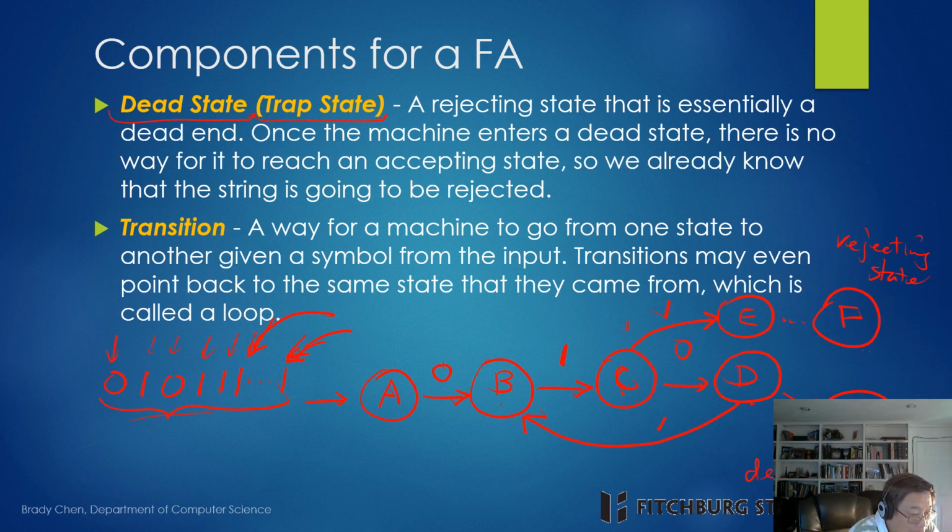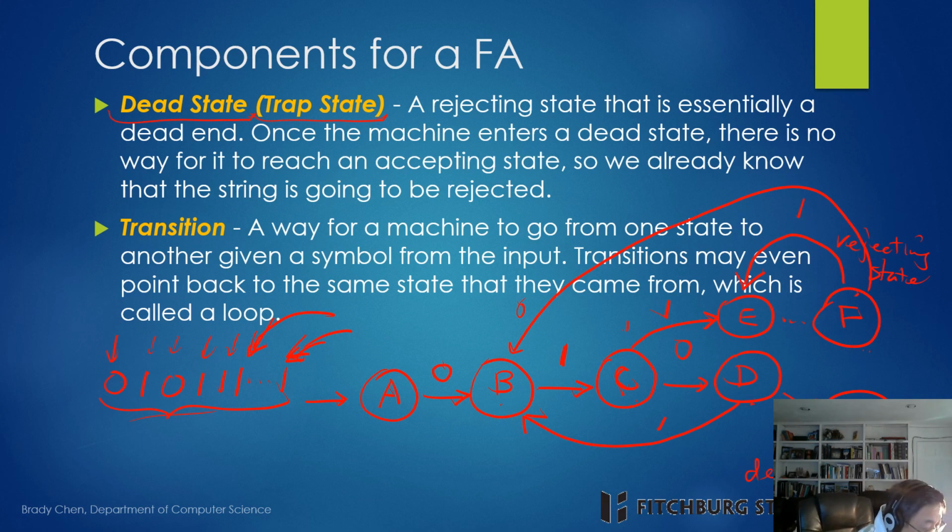For the rejecting state, if the next input value is 1, then we'll be back to the previous state. If it's 0, we can go all the way to B. So there's a chance that from B we can still move forward to the accepting state.